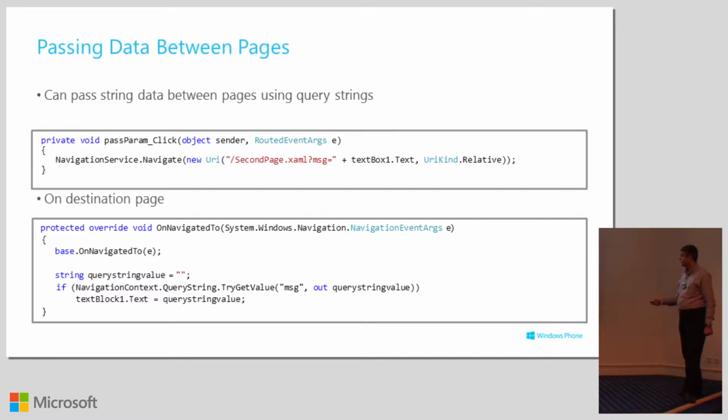On the second page, you have something called OnNavigatedTo. You override that method, and in that you look at the query string that has been passed, extract that out, and do the proper handling.